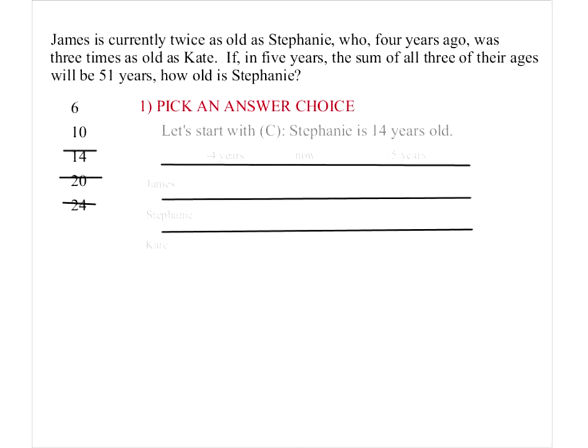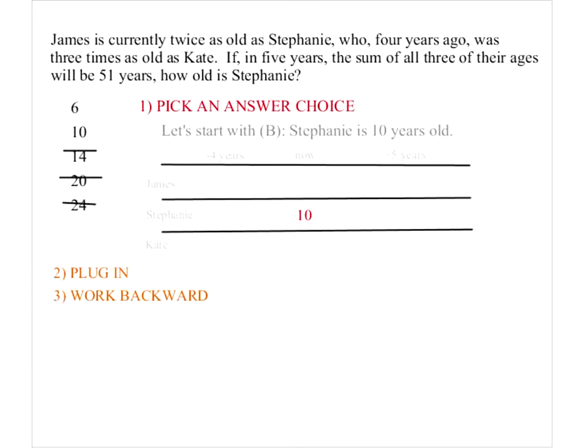So pick an answer choice. This time let's start with 10. Stephanie is now 10 years old. So let's start with choice B this time, which says that Stephanie is 10 years old. Then, again, plug in. And then work backwards through the relationships.